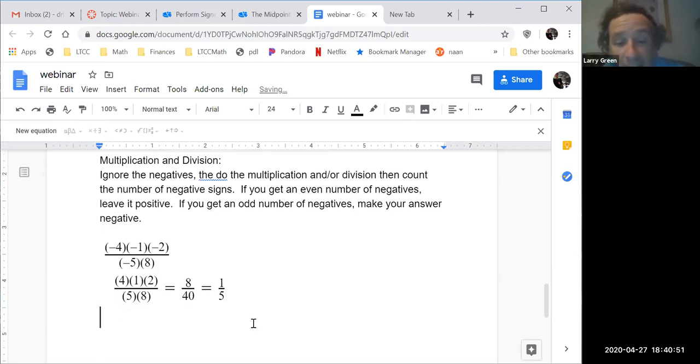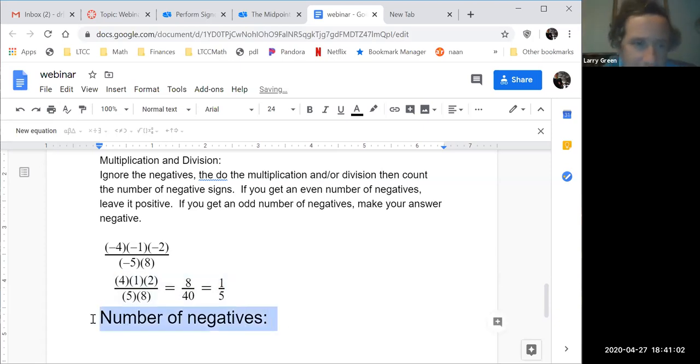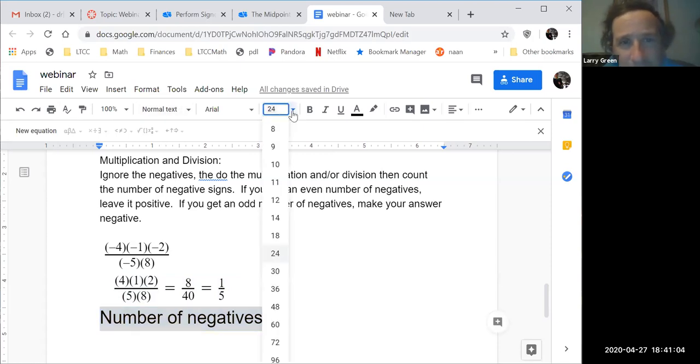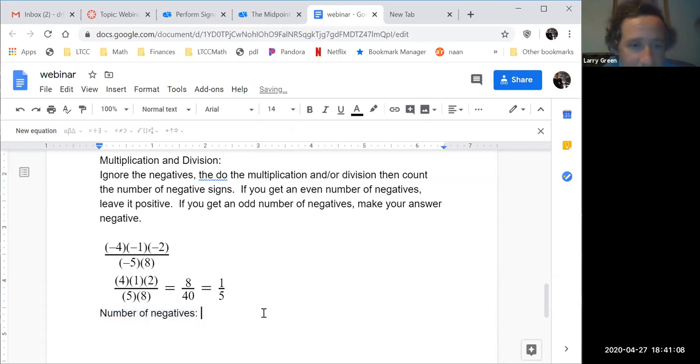Okay, now let's count the negatives. Sorry about that, the fractions get small and I have to change the font around. So let's count our negatives. How many negatives do you see in the original problem?